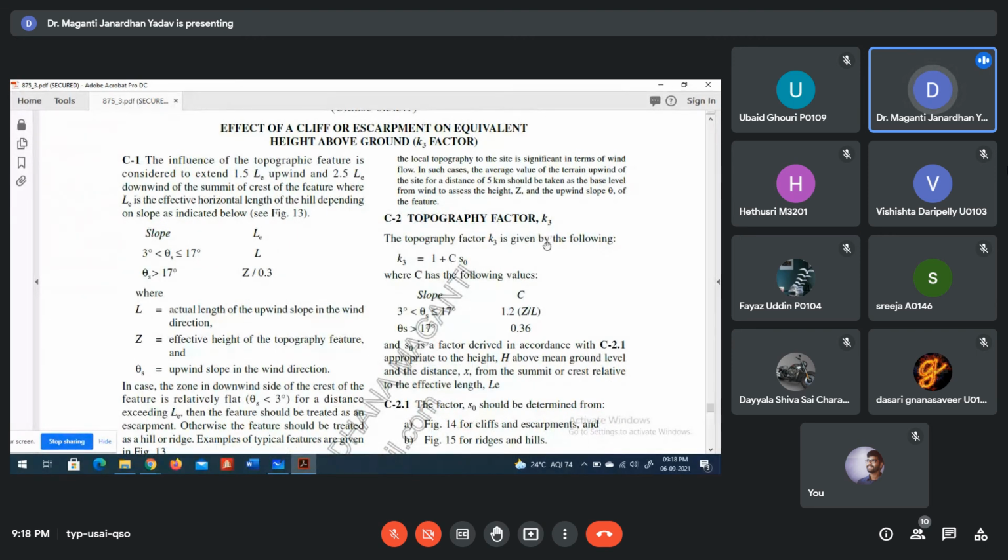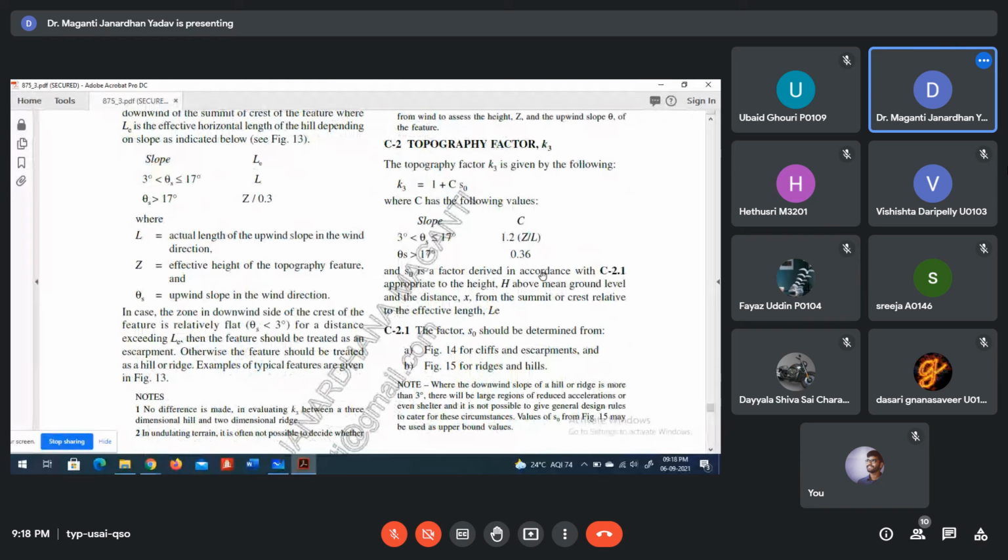Look at this topographic factor K3. The C value depends on the slope.